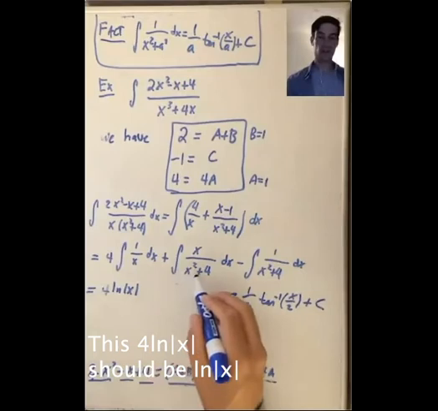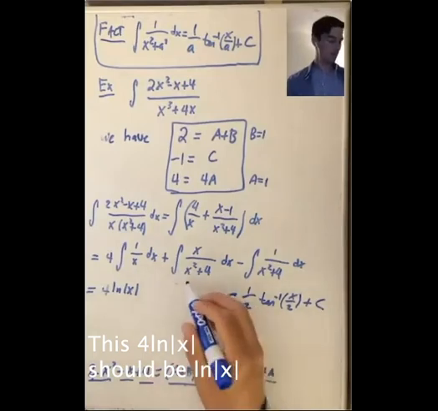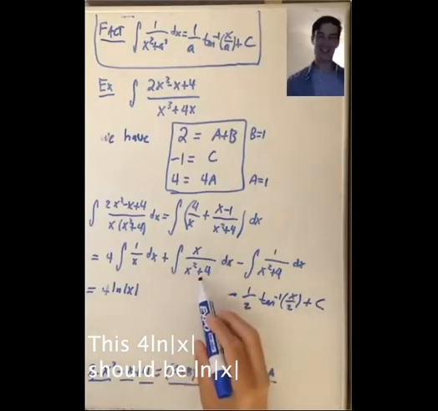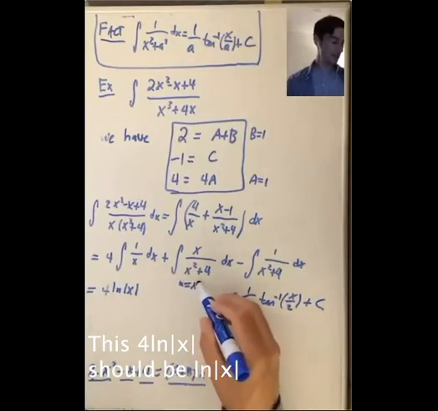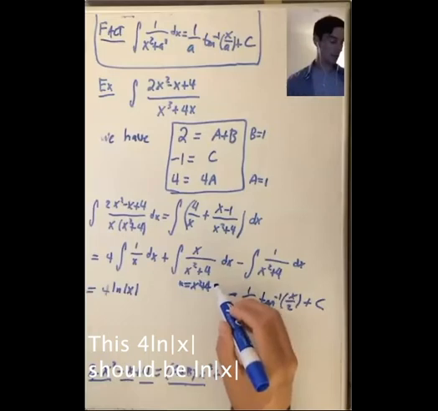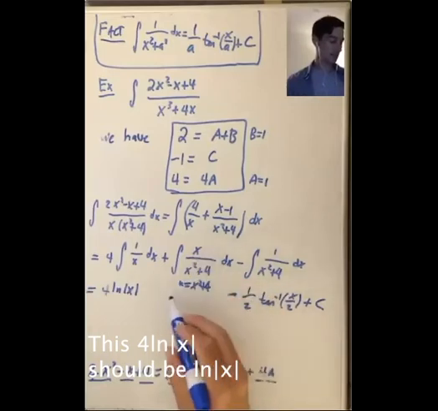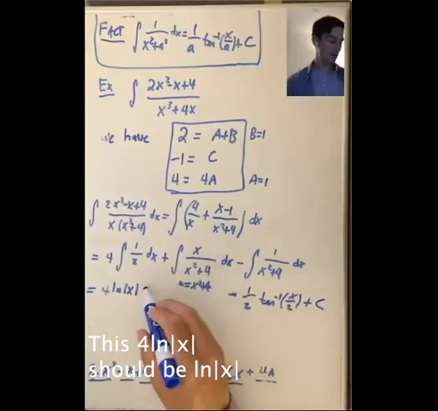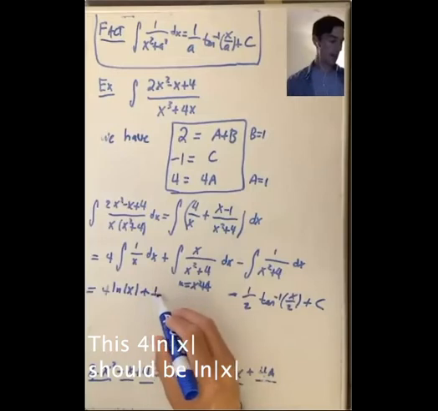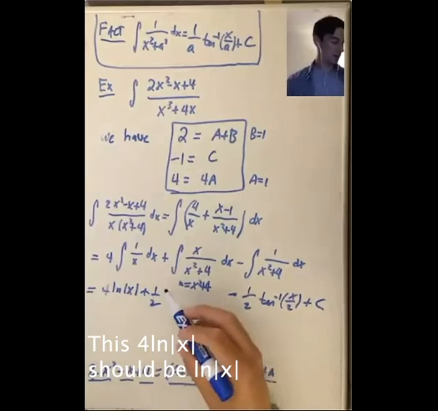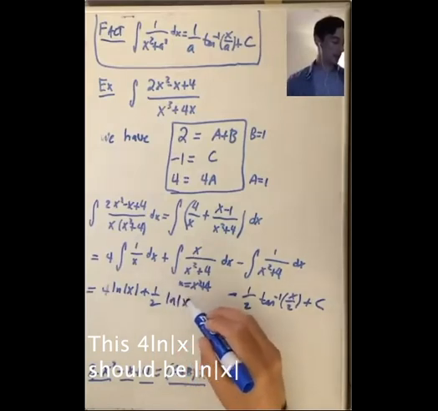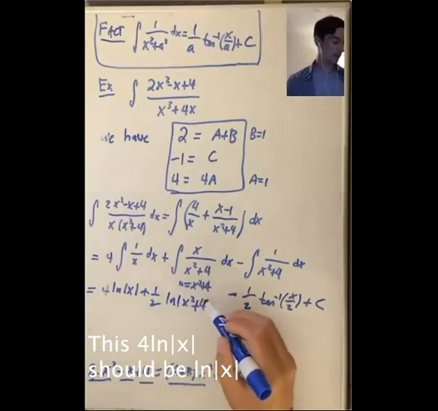So the question is, what about this term in the middle? This term in the middle is actually kind of the easy part. If you set u equal x squared plus 4, then du is 2x dx. So we get plus 1/2 the integral of 1 over u. So what we get is natural log absolute value x squared plus 4.